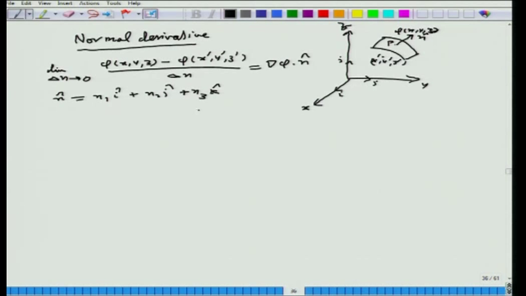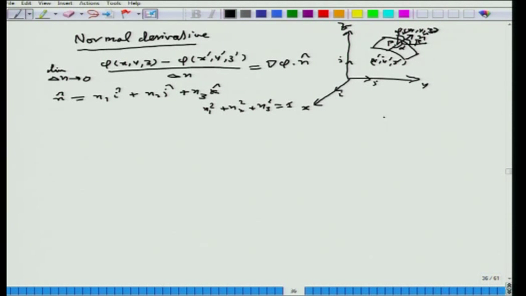We see that this is a unit vector, therefore n1 squared plus n2 squared plus n3 squared should be equal to 1. These are direction cosines, and they are also given like this if this normal makes the angles alpha, beta and gamma.